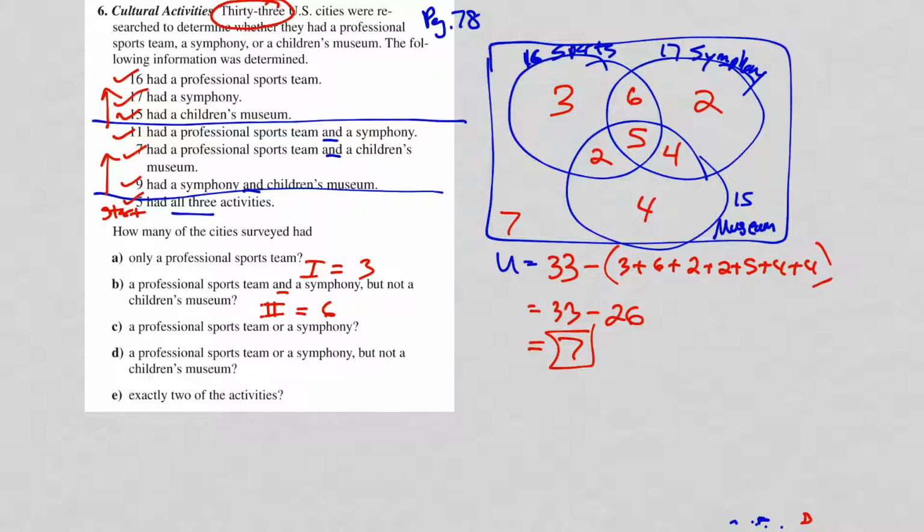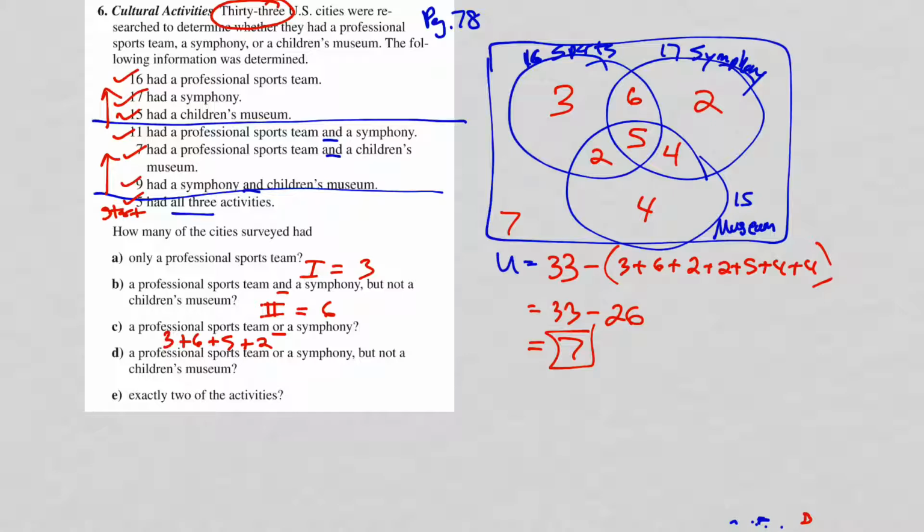Professional sports team or a symphony. So or would be the union. That means everything inside those two circles, without repeating anything. So we're not going to repeat the middle part. So the sports circle is 3 plus 6 plus 5 plus 2.